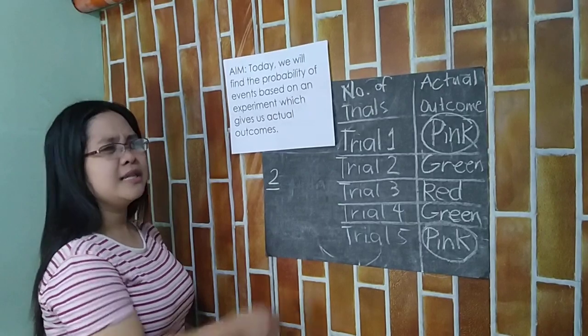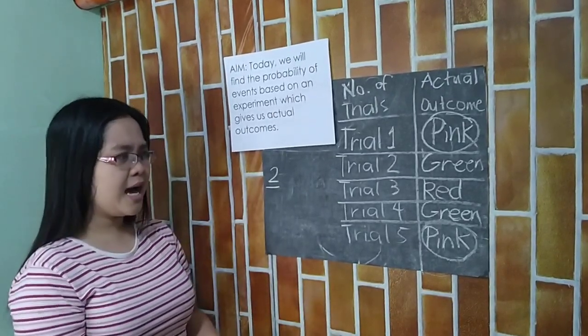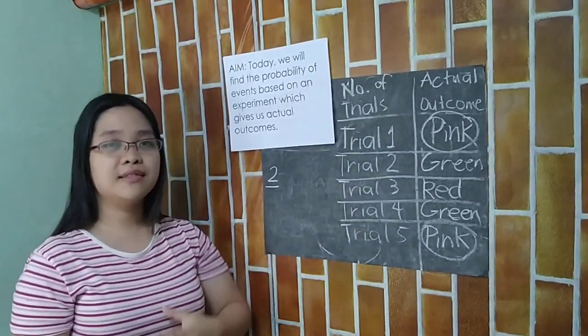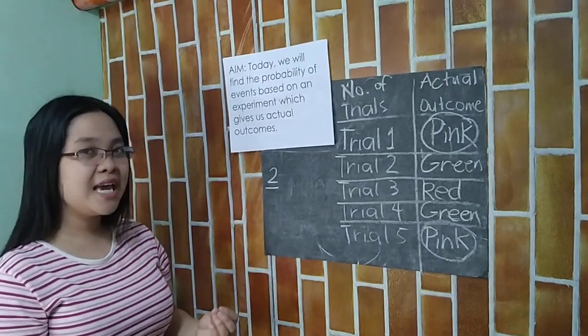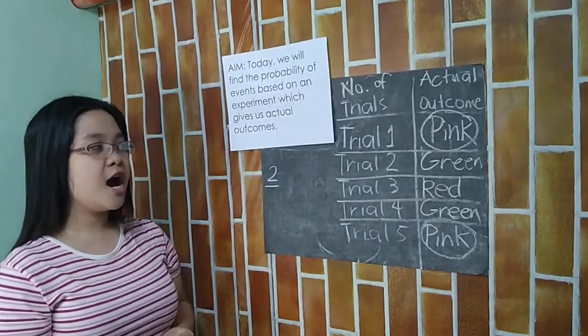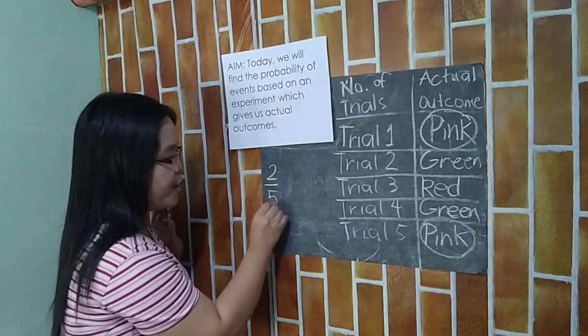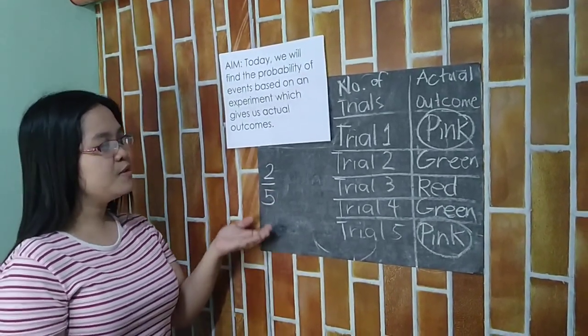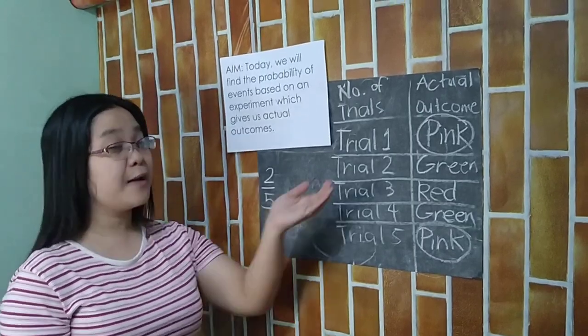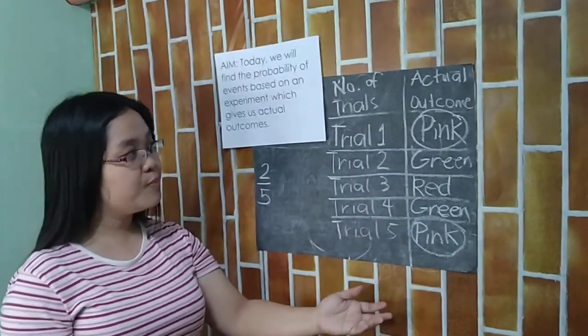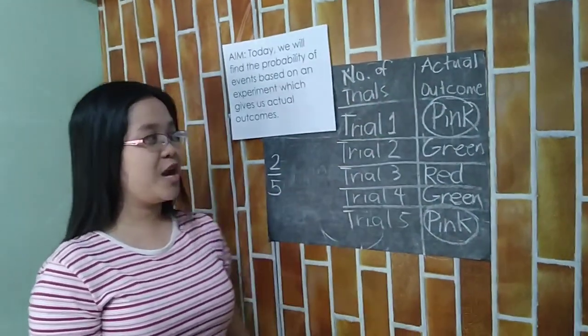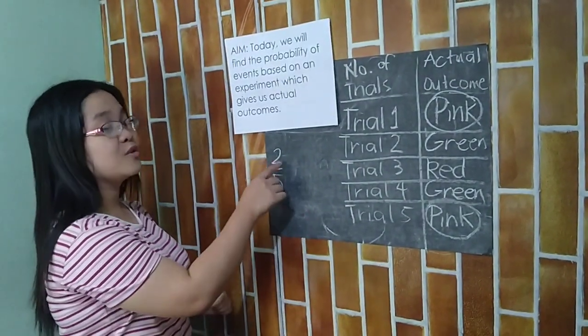Okay? But, how many trials did I use there while picking a unit cube from the box? How many times did I try it? It's 5.